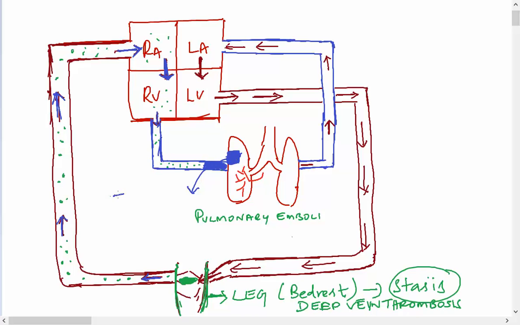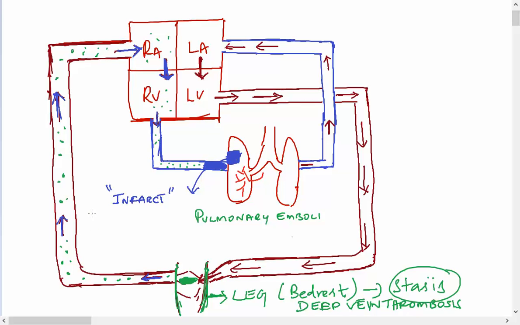Infarct. So infarct means what? Infarct means occlusion of blood vessel producing ischemia, ischemia producing coagulative necrosis. This whole area is called infarct.